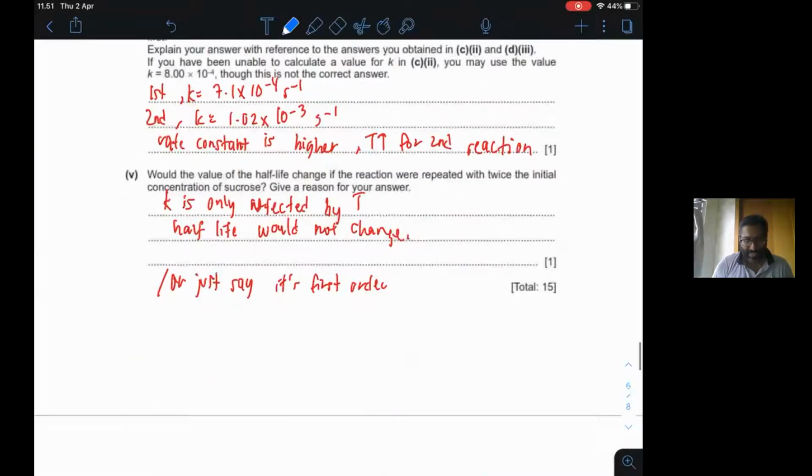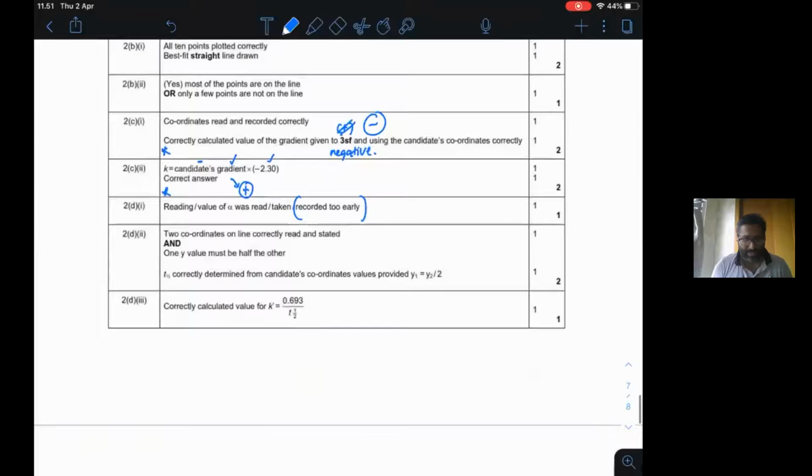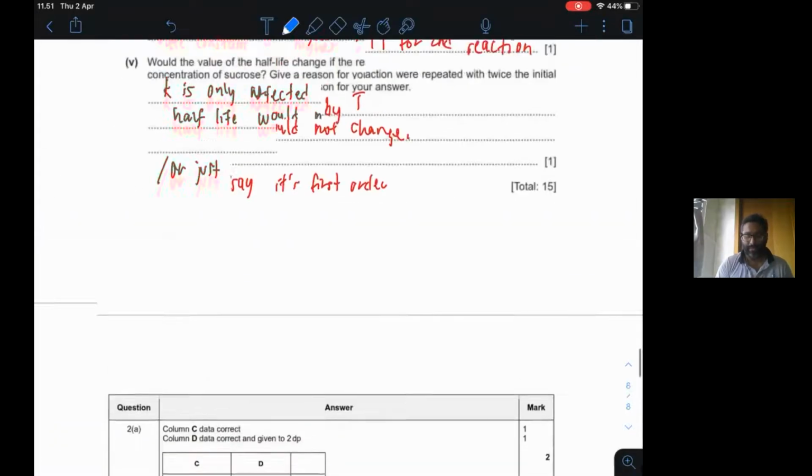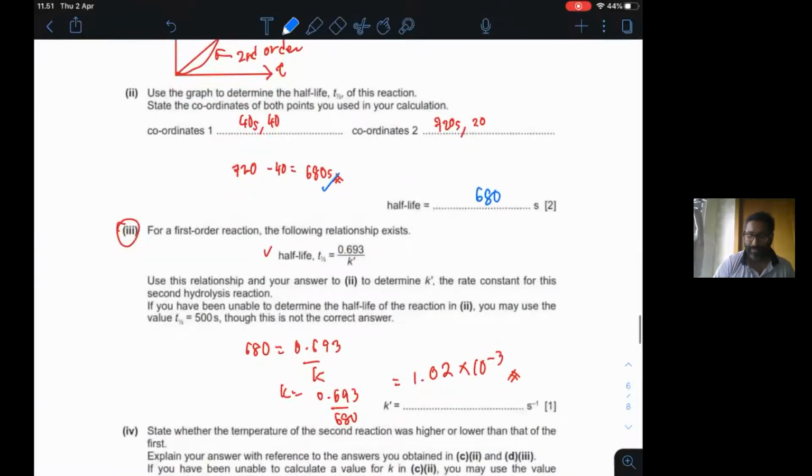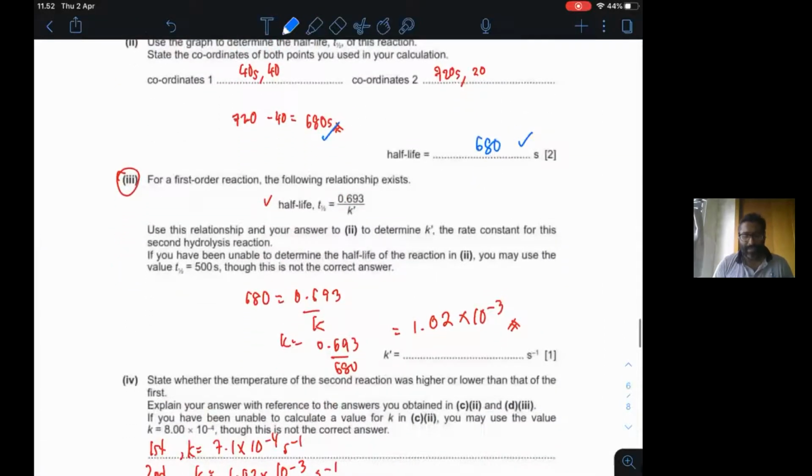Now have a look at the marking key. They don't give you the actual value. They just tell you what you're supposed to take, and whatever value you took, they will give you the marks. So it's okay if you are not getting the actual value that I have over here. Now, after that, for a first order reaction, do remember this formula involving the K, or the rate constant, can only be used for a first order reaction.